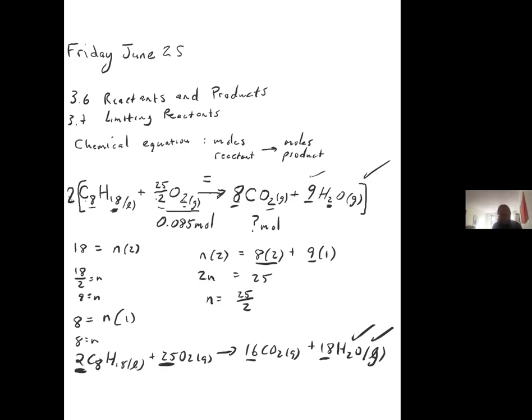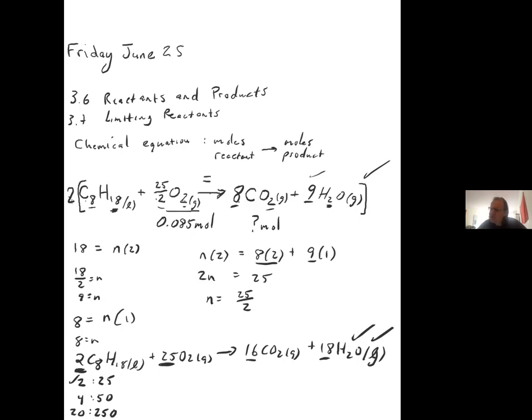It's a ratio. So it could be 2 to 25. It could be 4 to 50, right? What did I do here? 2 to 25 is a ratio. That ratio is the same as 4 to 50. I just doubled both of those numbers. Or 20 to 250. Here I took this one and multiplied it by 10. That's the idea of a ratio, right?